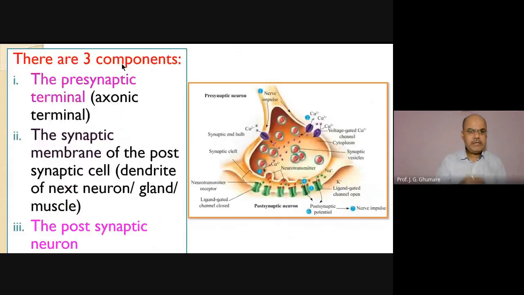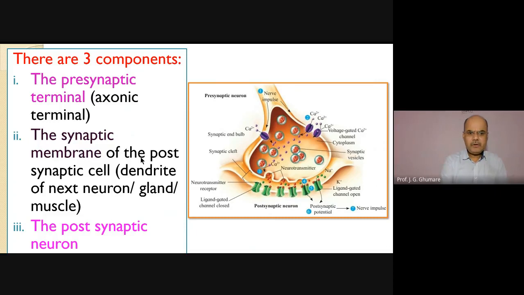Now, here is the structure, the components of a chemical synapse. Same diagram I'm showing again. This is the first neuron contributing the bulb. We generally call it a synaptic bulb. The second neuron contributes the surface, this is the postsynaptic neuron. And here we have a gap, remember, this gap we are going to discuss. So of the three components, the presynaptic neuron contributes the terminal, called the axonic terminal, a bulb-like structure.